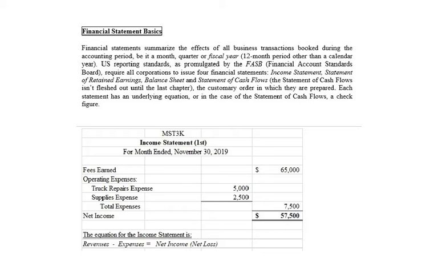So we're taking all those transactions that have been booked, and we're going to summarize them. The increments of time that you can work with here: you can do monthly, by quarter, so a 3-month period, or a fiscal year, which is any 12-month period other than a calendar year.